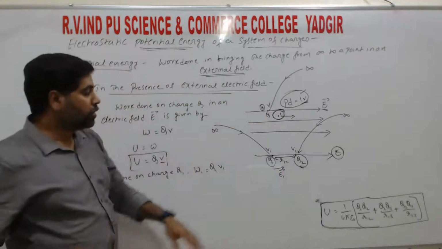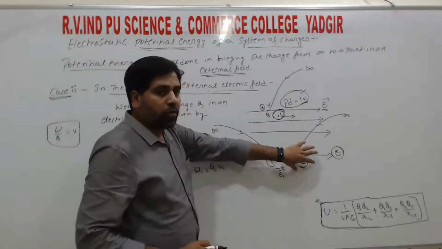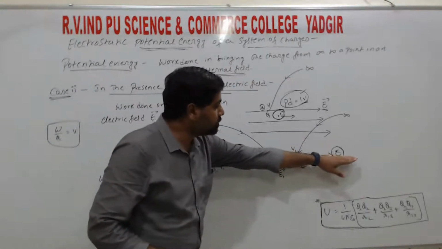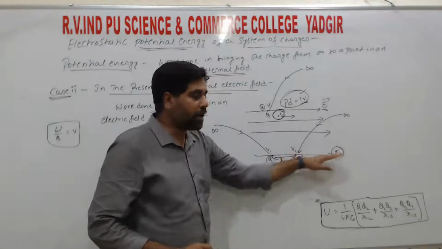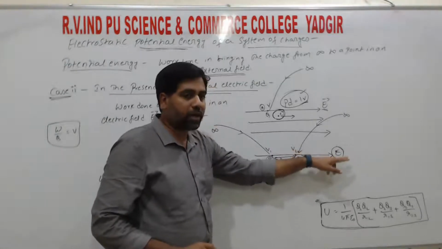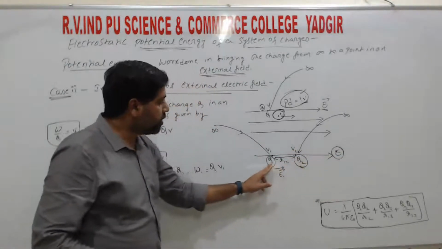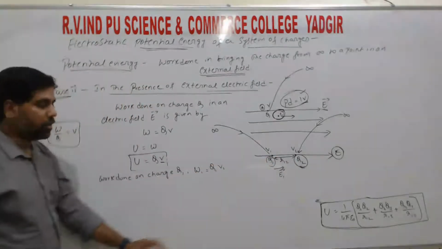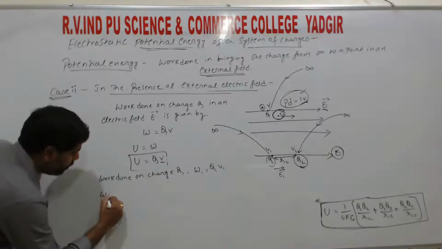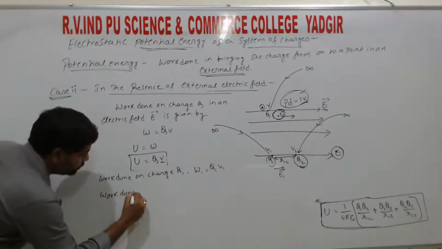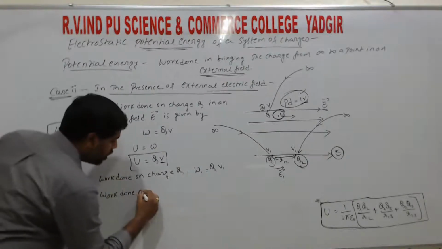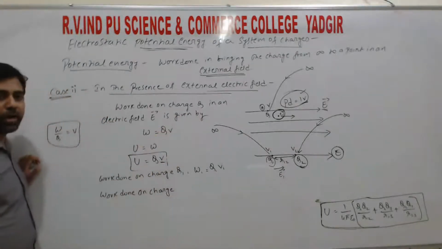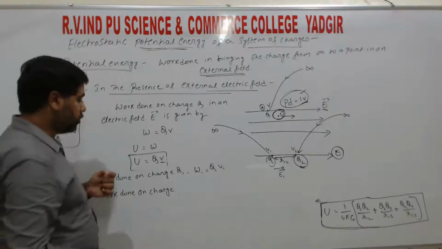So this charge Q2 has work done against the two electric fields. One is the external electric field we applied, that one is E, and the other is the electric field produced by the charge Q1. Hence the work done on bringing the charge Q2 to the point where the potential is V2.